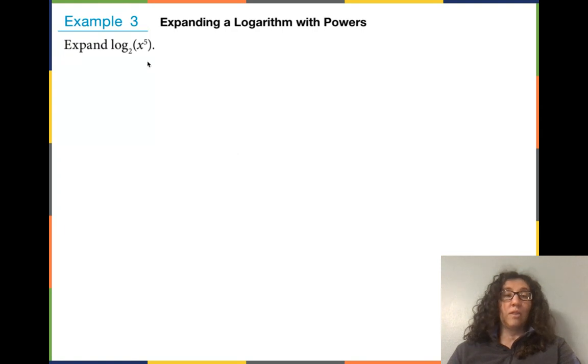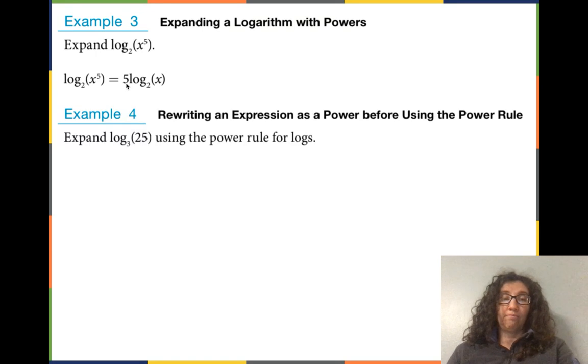So we're going to use properties like this of exponents to rewrite things to have exponents. So here's the application, log base 2 of x to the 5th. Here's the exponent. We can just bring that out front. That's all we have to do. Expand log base 3 of 25. Well, we could do this two ways. We could think of this as 5 times 5 and use the product rule.